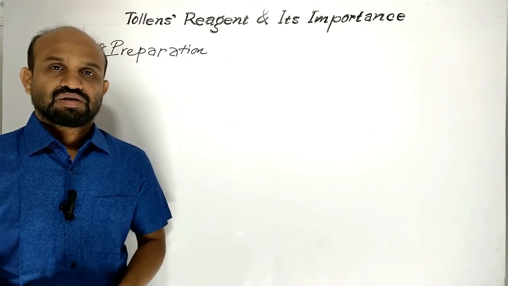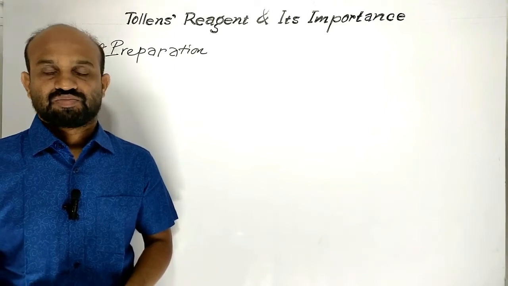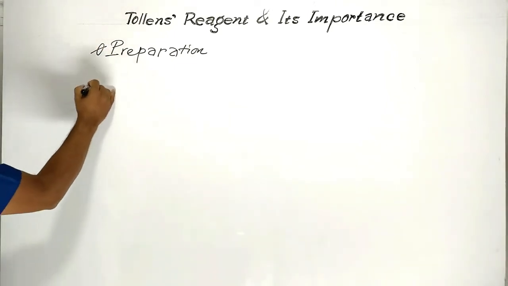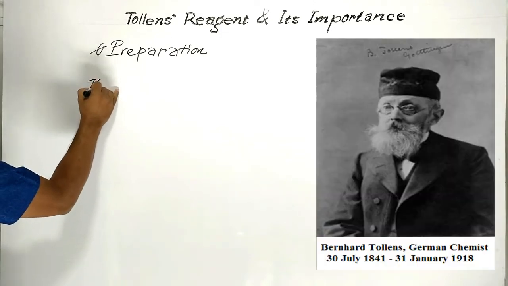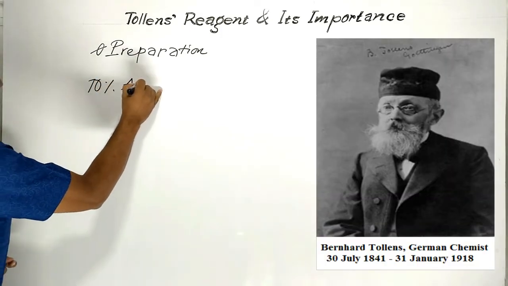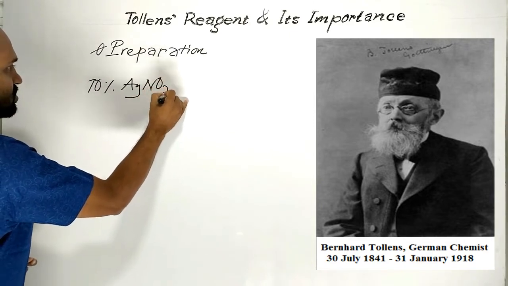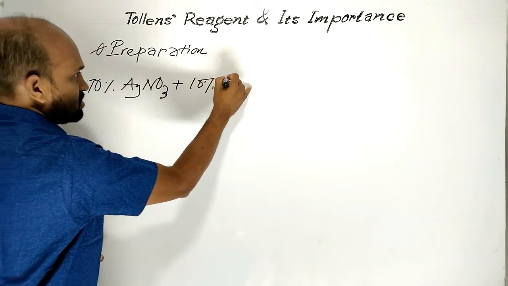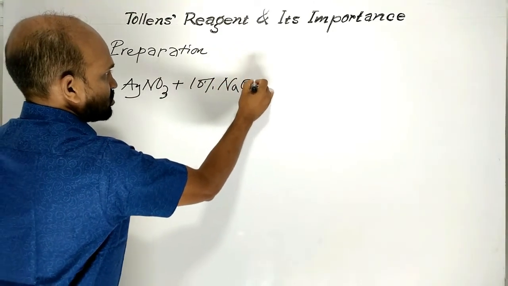How is this Tollens reagent prepared? Let's look at the matter. Equal volumes of 10% silver nitrate and 10% sodium hydroxide are taken.